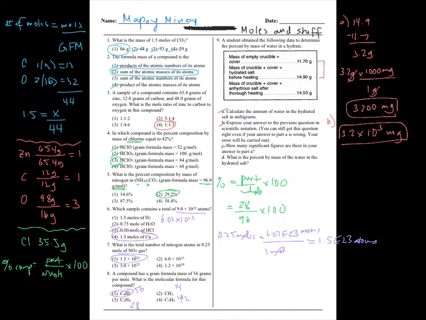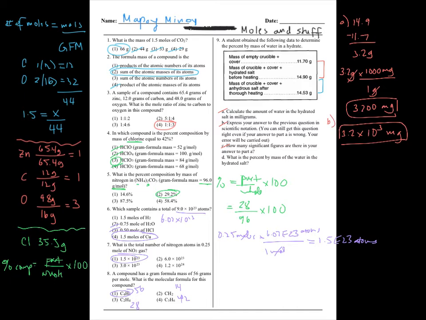And part D, what is the percent by mass of the water in the hydrated salt? So this is something that's probably more relevant to us right now. And I'm going to do this one in blue. So what is the percent by mass of the water? If you compare these two masses, one of them is basically the whole setup plus the hydrated salt, and the other mass is the whole setup with the anhydrous salt.